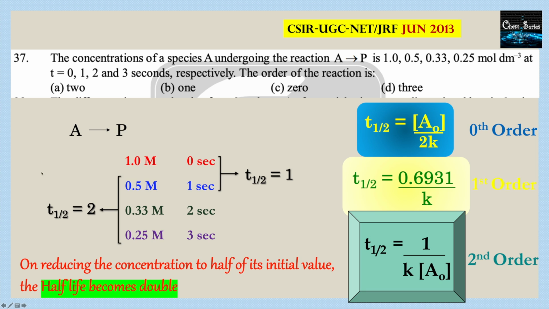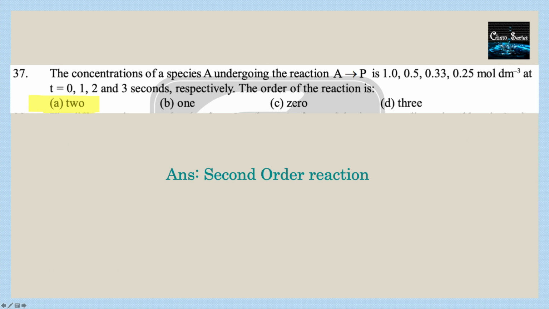The same thing is applicable in this problem. So this is also an alternative way you can find out that it is a second order reaction. So your answer is 2, second order reaction. Hope you understand this problem.